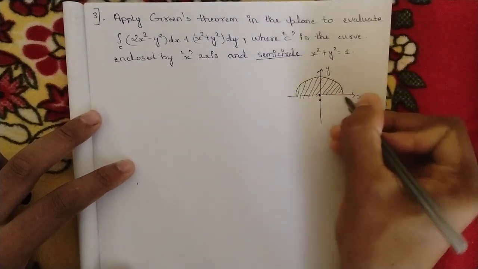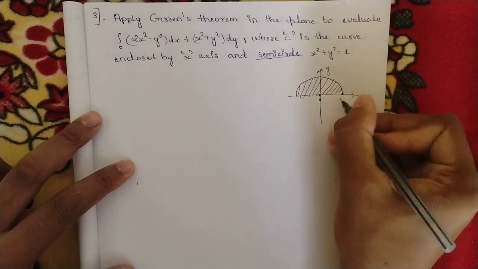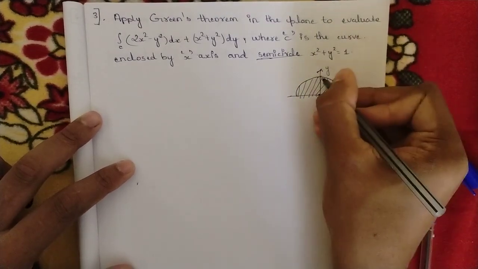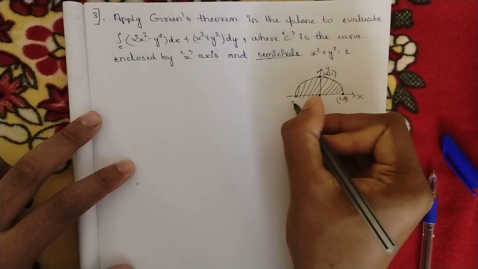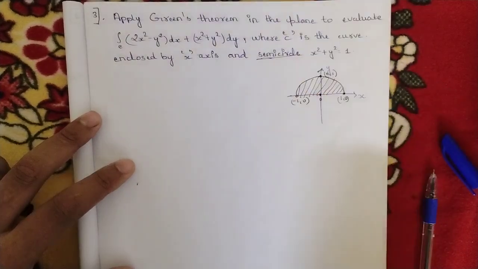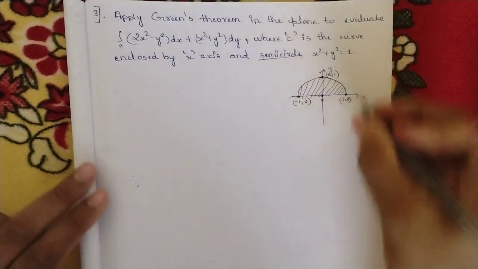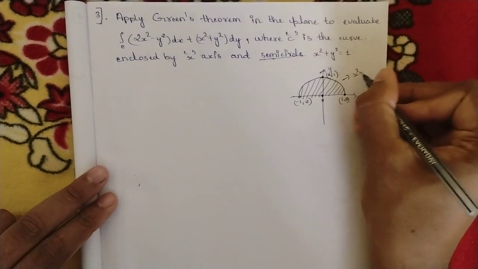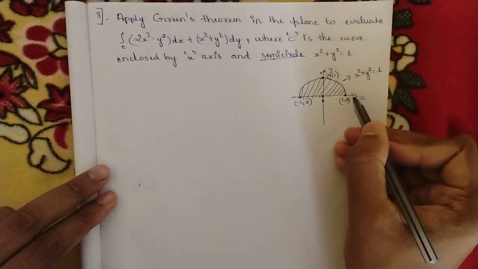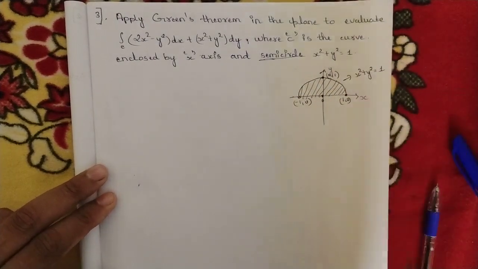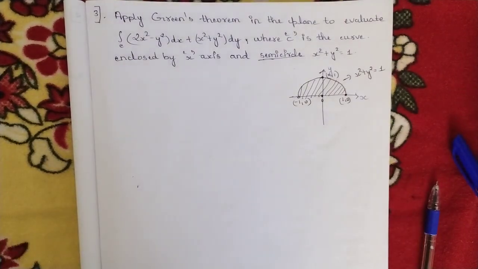This is origin. So this point is 1, 0. This is 0, 1, and this is minus 1, 0. Okay, and this is the x square plus y square equal to 1, because the radius they mentioned it as 1, so that's why I marked it from minus 1 to plus 1. Okay, hope it is clear.